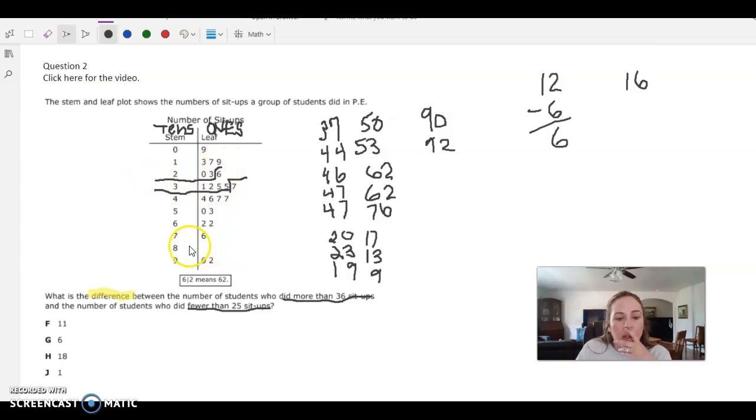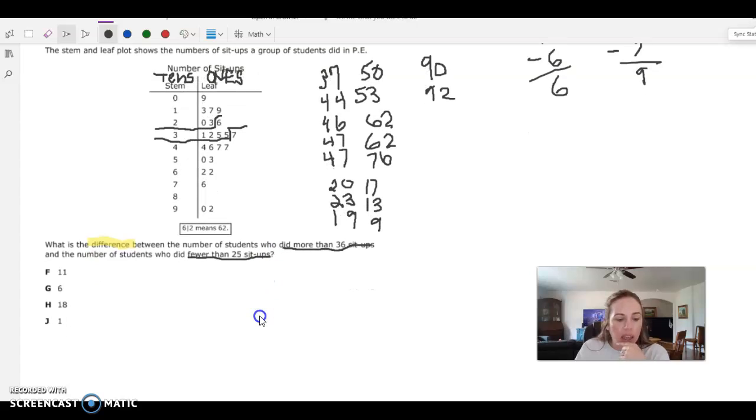And then maybe they counted everything in the 20s. That would be 1, 2, 3, 4, 5, 6, 7. That'd be 7. Actually, that answer would be 9, so that couldn't be correct. Maybe they just counted. I'm honestly not sure.